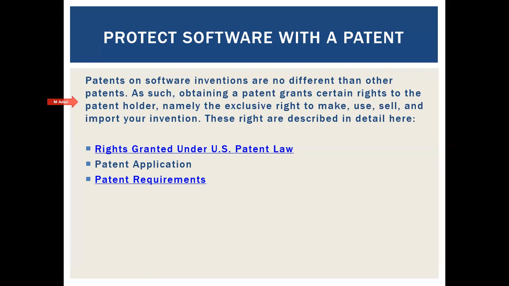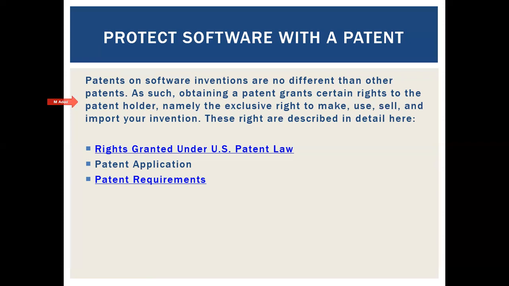Similarly, a patent holder who has made the effort to be granted a patent has a right to give other companies permission to sell, make or use the patented invention.